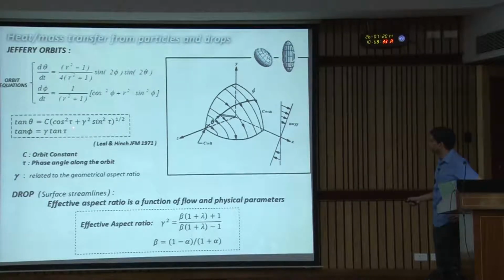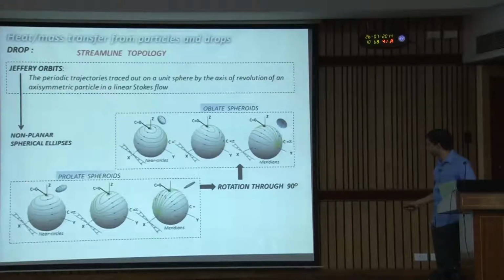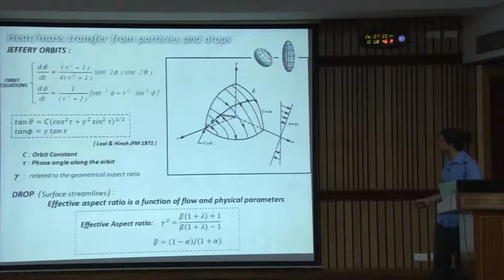You can think of tau as the phase of the orbit and c as an orbit constant. That is the orbit constant, which is what I was using earlier to describe or label each of these orbits. So, c is obviously the orbit constant because it is the label of a particular orbit, and tau measures how time progresses along a given orbit.